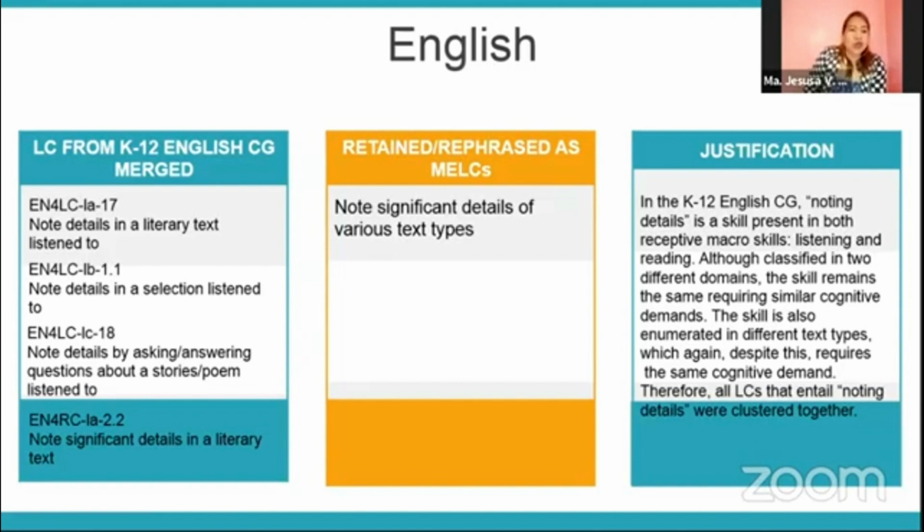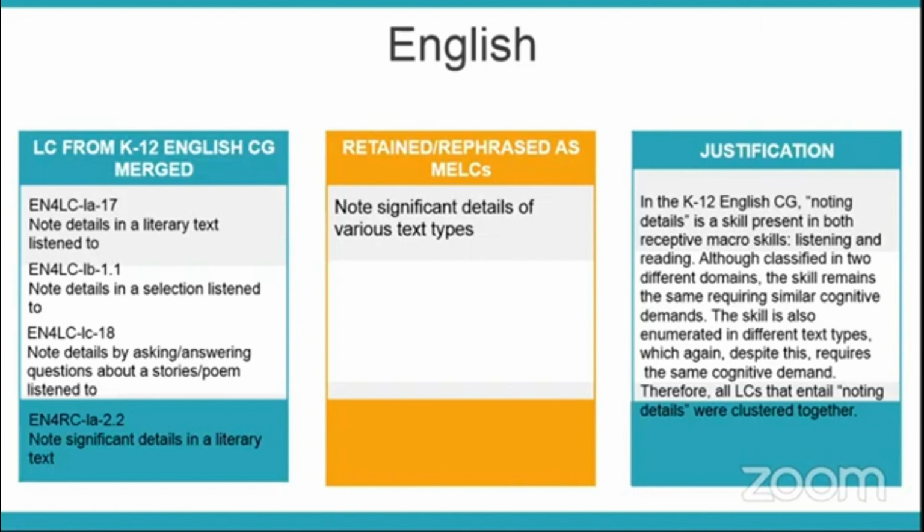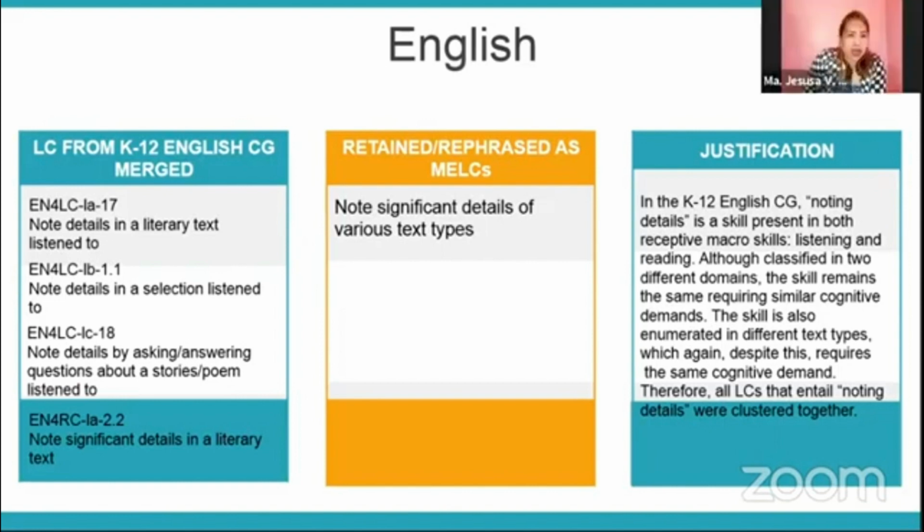When it's merged, you can see there EN for LC, or listening comprehension skills. Note details in literary text, listen to. Another one, note details in a selection, listen to. Another one, note details by asking and answering questions about a story or poem.